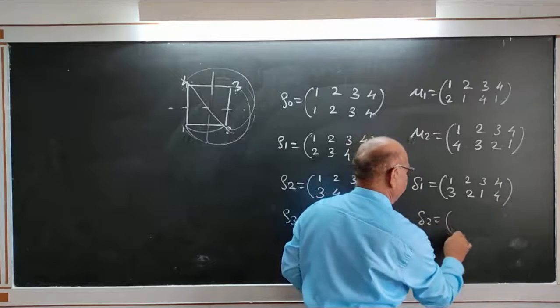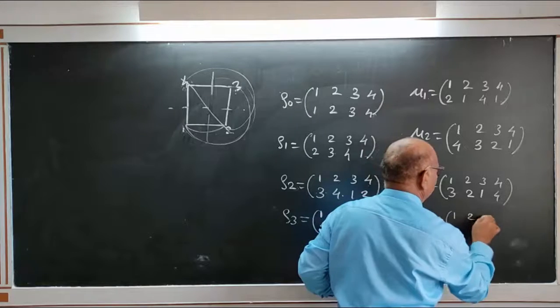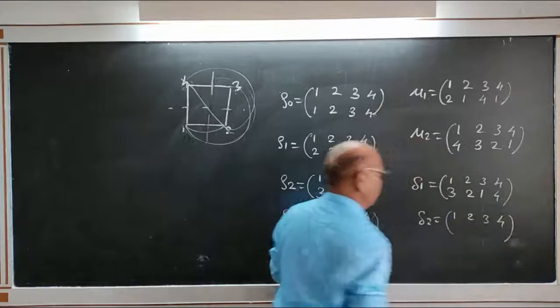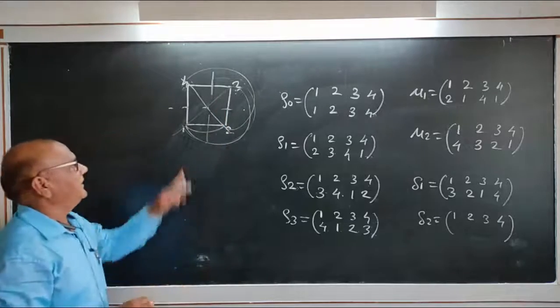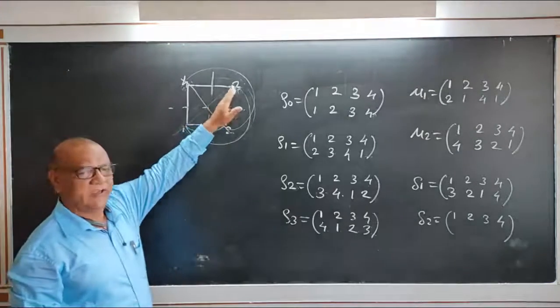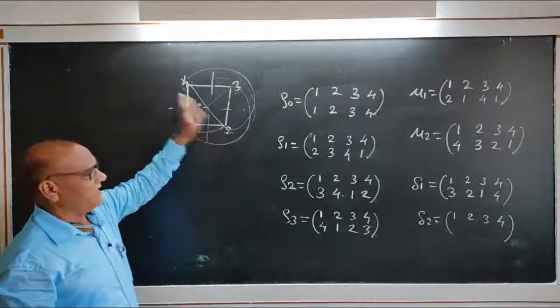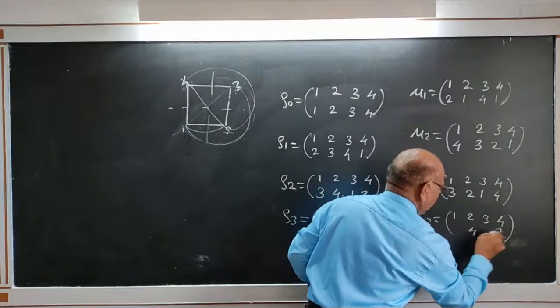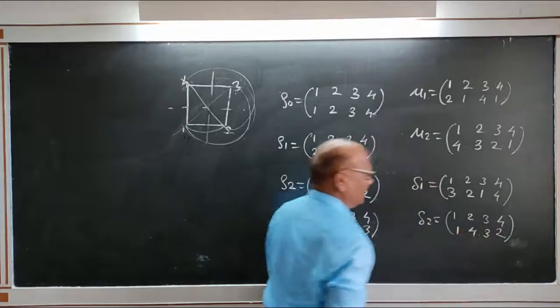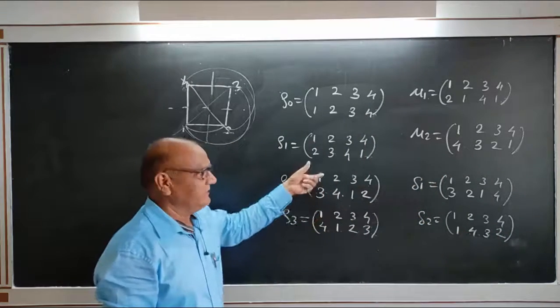Delta 2 is by the other diagonal. Here 1 goes to 1, 3 goes to 3 as it is. Only 2 and 4 change. These are 8 elements.